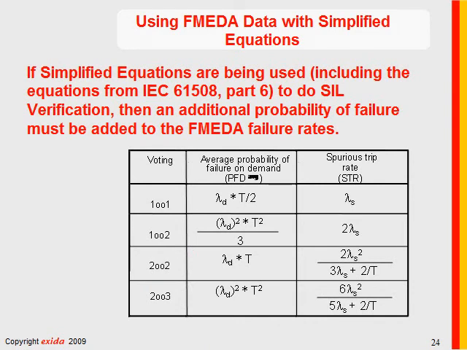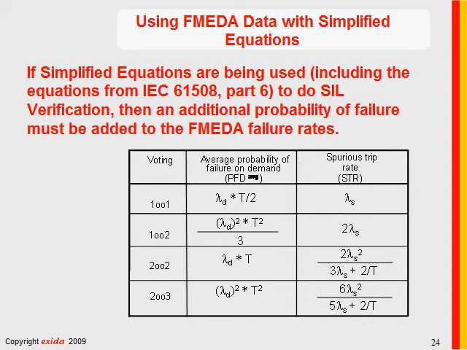Now the problem is, if one is using simplified equations, including the equations from IEC 61508 Part 6, and many of the SIL verification tools on the market simply use the equations from 61508.